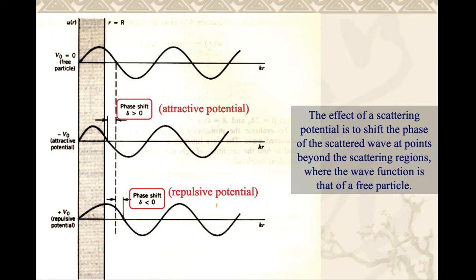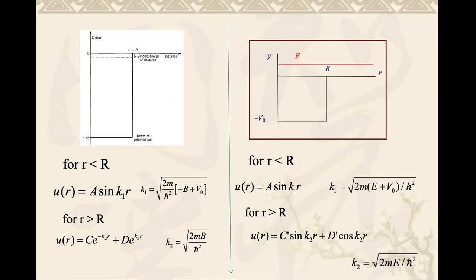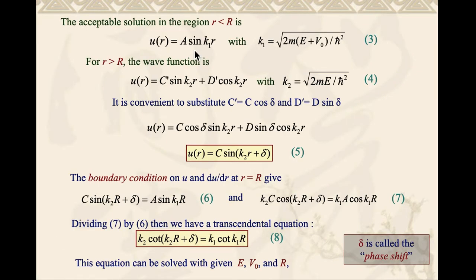So this is the point you are getting. And you can see that when V0 is equal to 0, what is the case? You may see these two values. If V0 is equal to 0, that means this will be 2mE by h cross squared. k2 will also be 2mE by h cross squared. That means k1 is equal to k2.